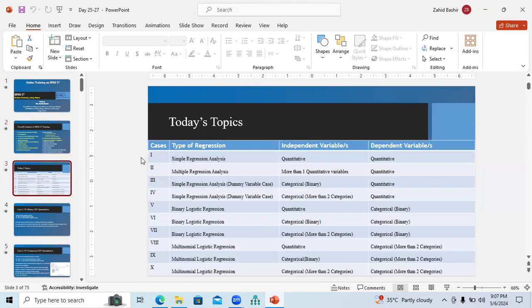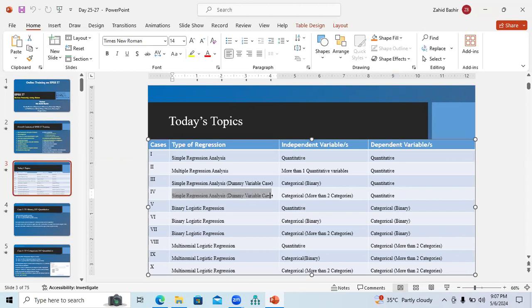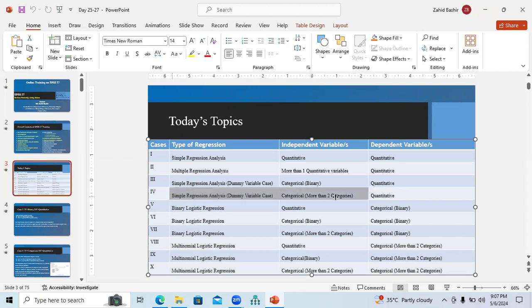For example, the simple regression analysis, multiple regression analysis, simple regression analysis with a binary categorical variable but quantitative dependent variable, and the fourth one is simple regression analysis with a categorical independent variable but quantitative dummy variable.